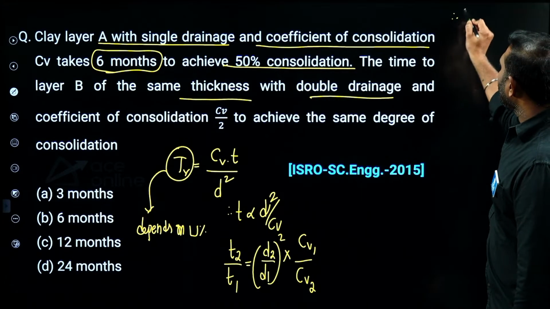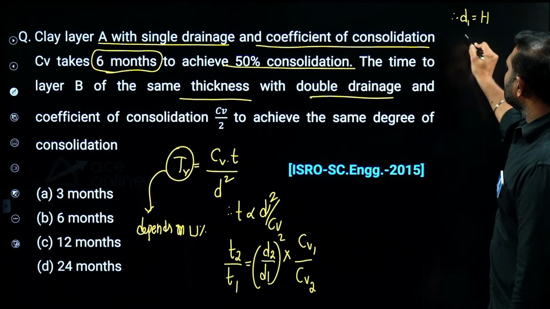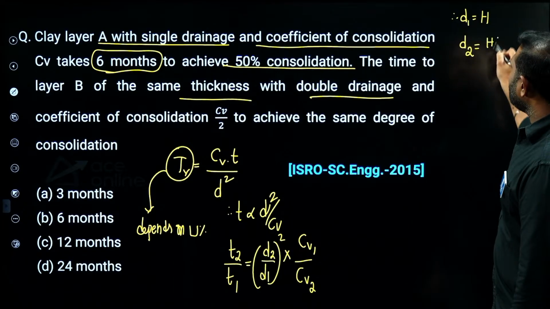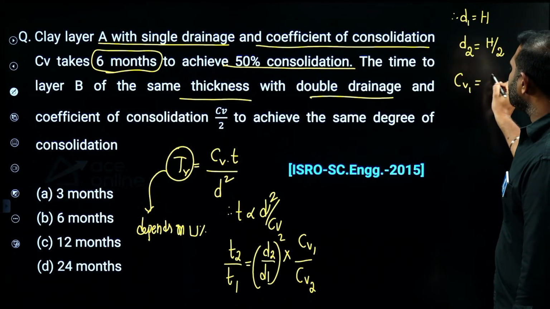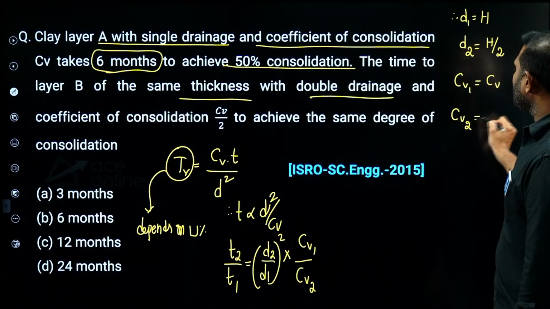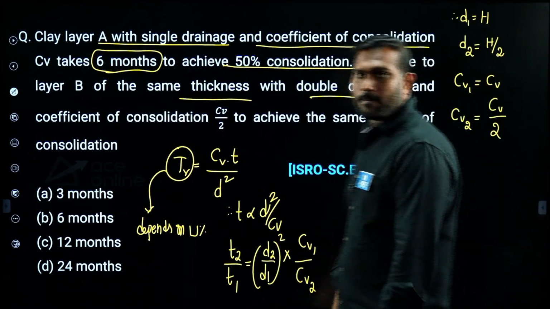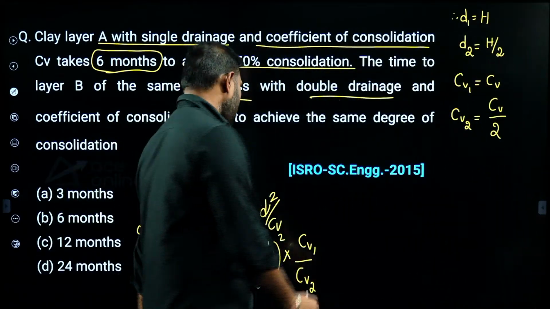Now if you see, it's a D1 single drainage H, D2 double drainage which become H by 2. CV1 is CV, CV2 is half of the CV, right? Now you please substitute over here.